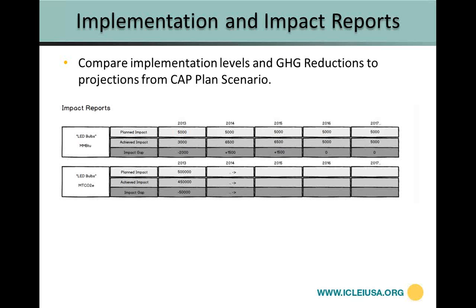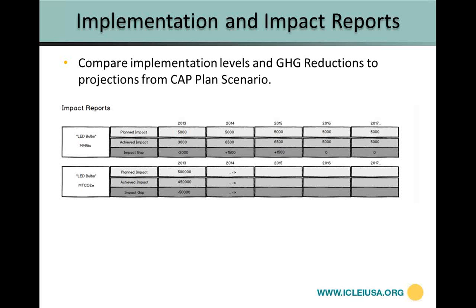So they want to do that every year for the next 5 years. They have that set in stone, and they also know the potential reduction in greenhouse gas emissions from each one of those.